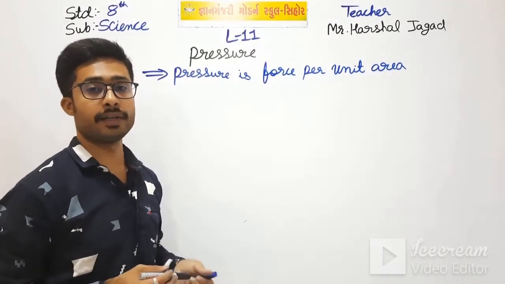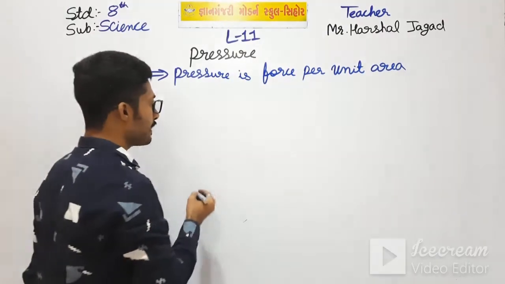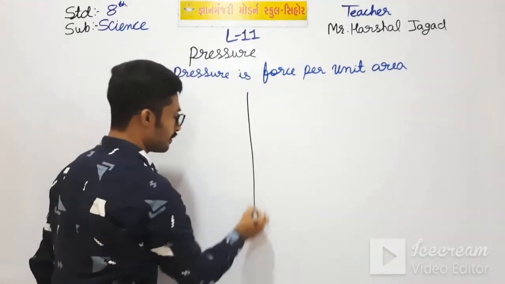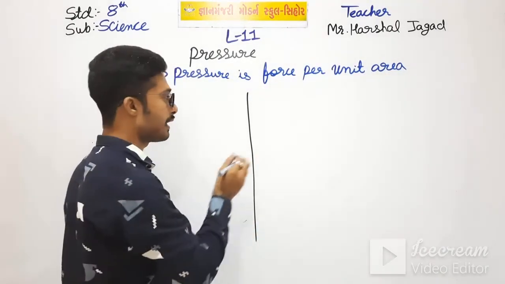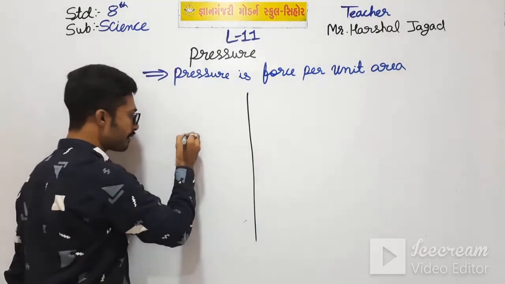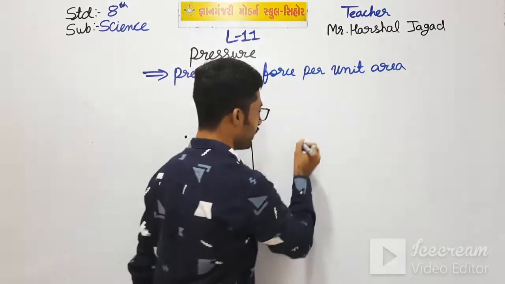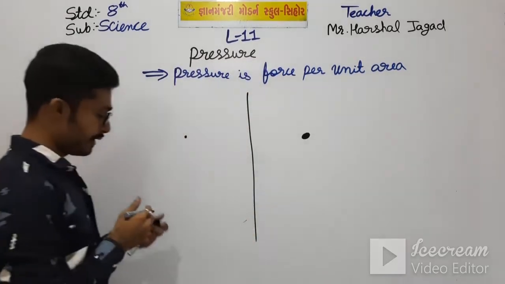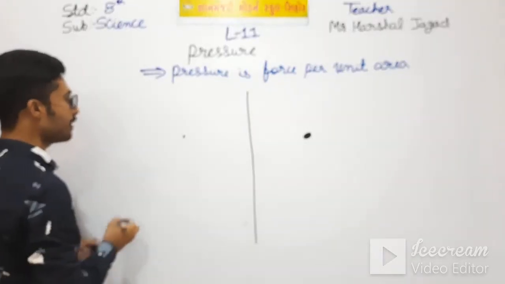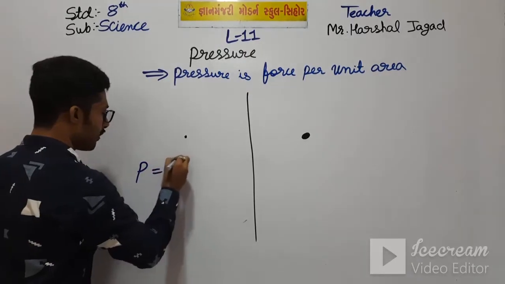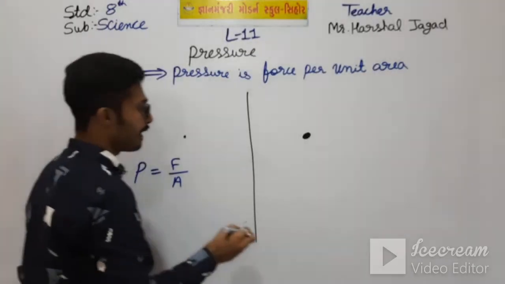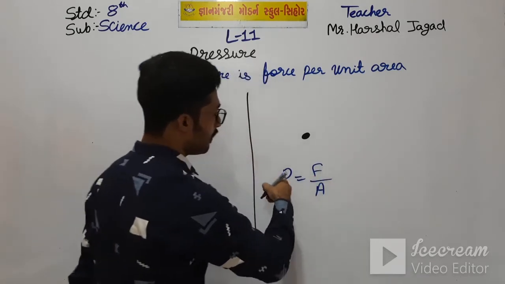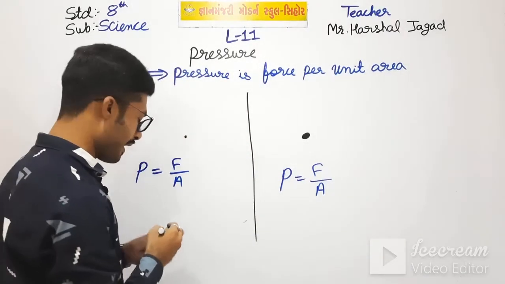In the previous two videos I have told you that if we take the force same in both cases, here the area is small and here the area is big. As per the definition of pressure, P is equal to F upon A, and here also P is equal to F upon A, that is force per unit area.